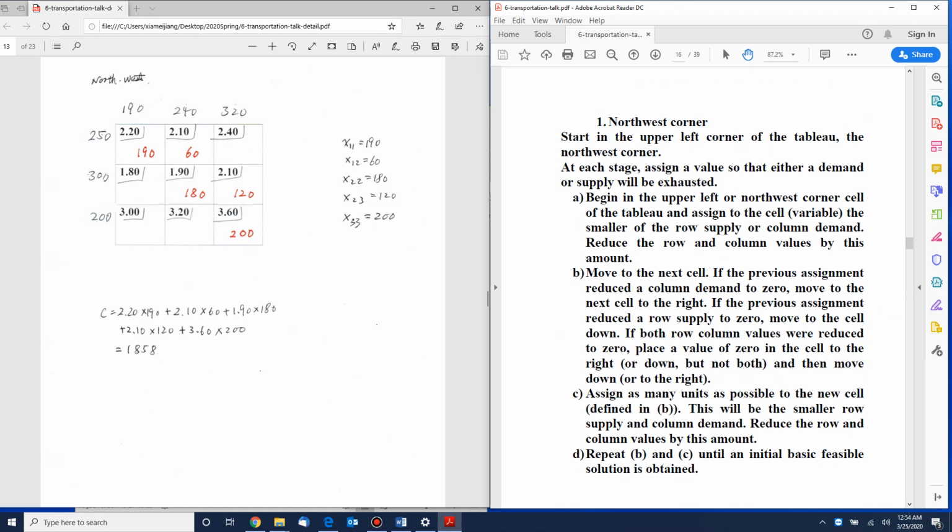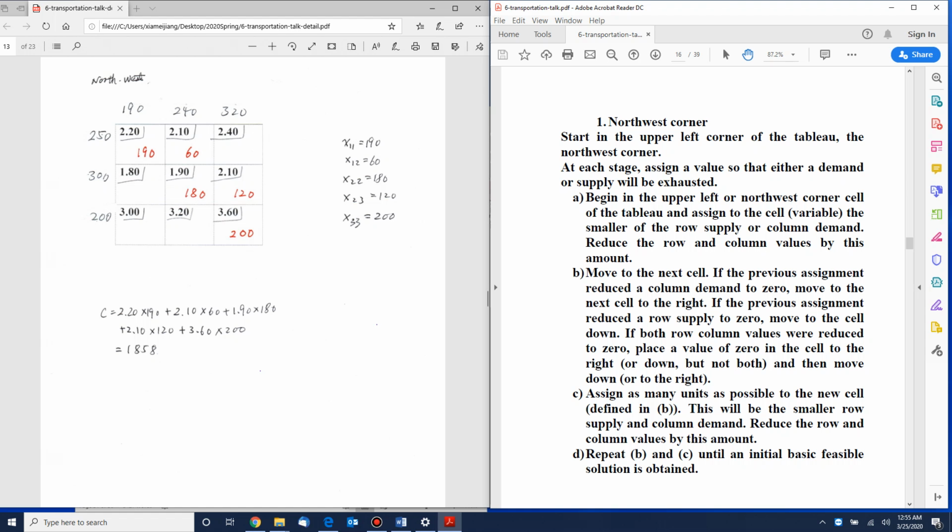Move to the one next to it, that is cell 1,2, in the same row, and fill into it. If you have amount left, you go to the next one in the same row and fill into it. Just work along the same row.